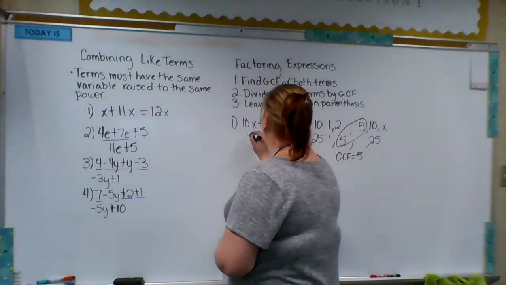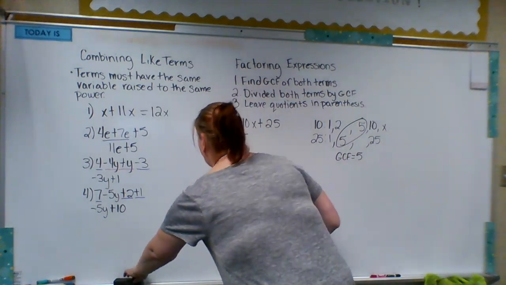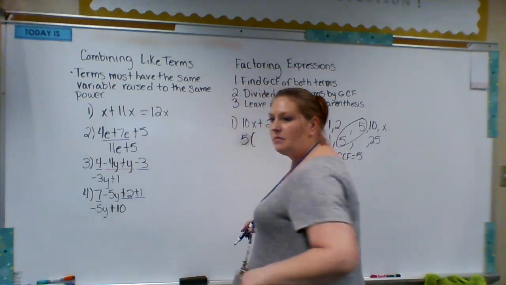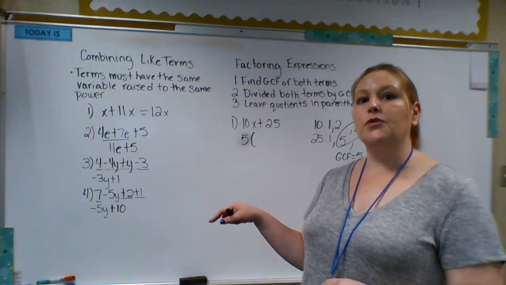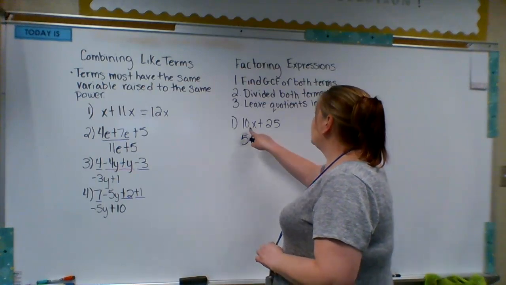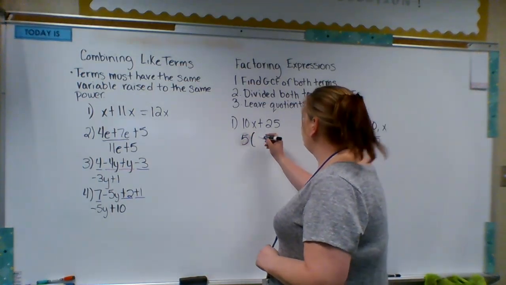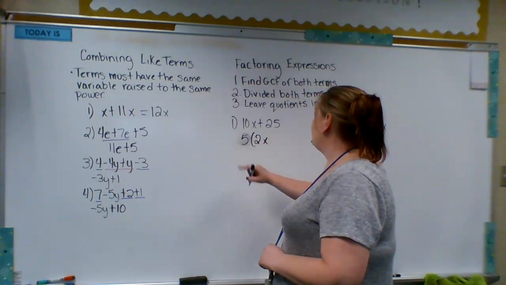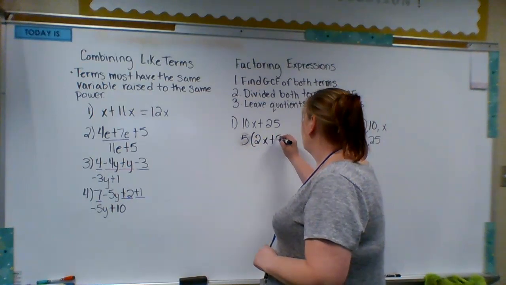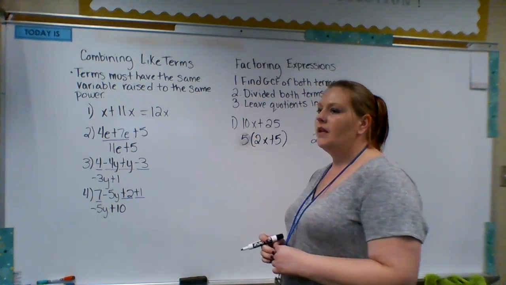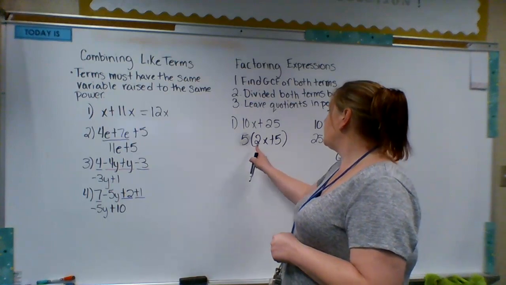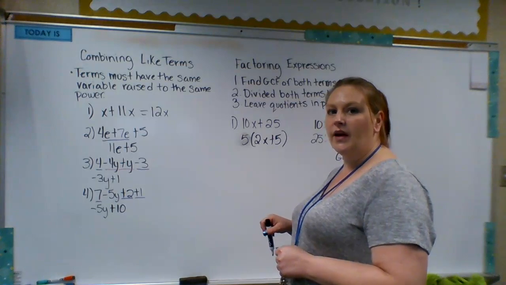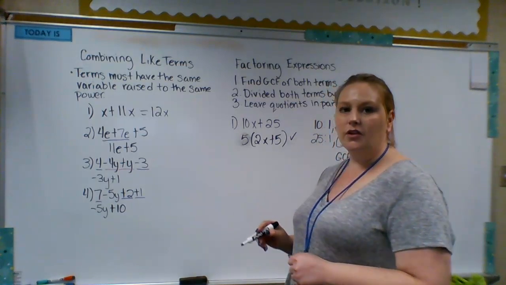So I'm going to put 5 outside my parentheses, and now I'm going to divide both terms by the GCF. 10x divided by 5 is 2x, and 25 divided by 5 is 5. Now I can check my answer. 5 times 2x is 10x, and 5 times 5 is 25. So I know that I have factored that correctly.